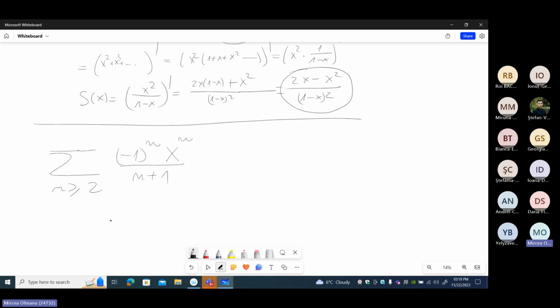Let's put it like this. Well, please first compute the radius of convergence. What's the radius of convergence? Let's write it exactly as a power series, as we are used to writing a power series, x^n. Okay. So, what is the radius of convergence here? Please compute it and tell me the result. 1.